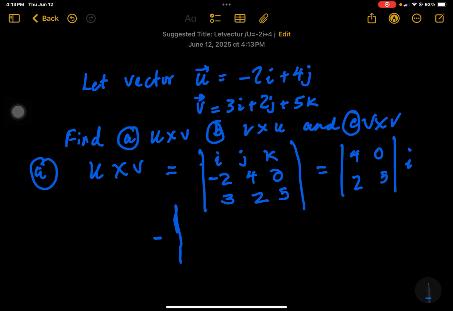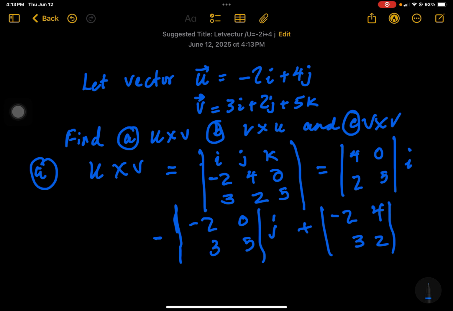So the first row is gone, second column is gone, so I am left with minus 2, 3 and 0, 5, and this is for the j component. And for the k component, it is a plus sign, first row, third column gone, and I am left with minus 2, 4 and 3, 2.